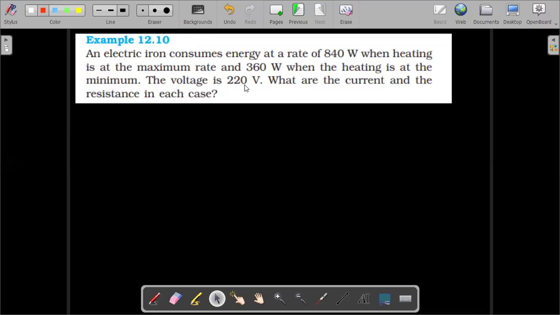The voltage is 220 volt. What are the current and the resistance in each case?